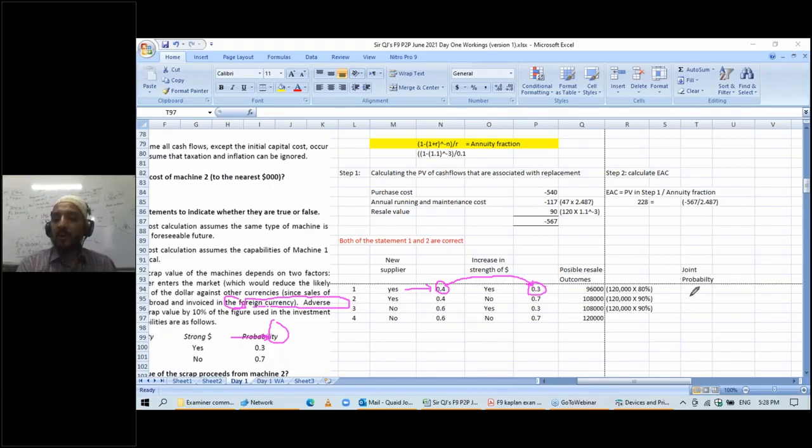The combined probability is 12%. 30% of 40% is 12%. So for the joint probability, multiply both of these, 0.4 into 0.3. This gives you the joint probability of 12%.